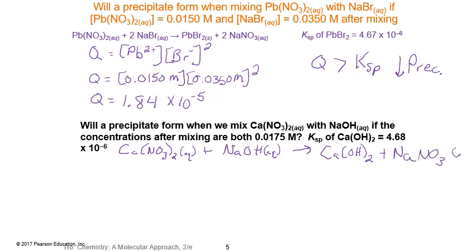And this is going to be aqueous because anything containing sodium or nitrate is always soluble. Our calcium hydroxide will form a solid.